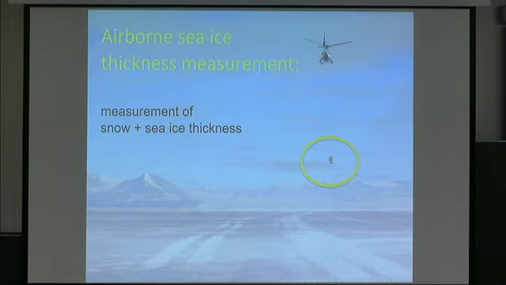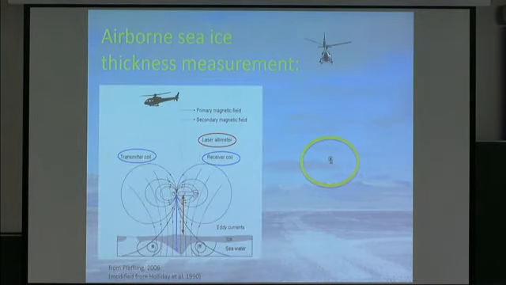You get a helicopter, and then you get an EM bird here, an electromagnetic induction sounding bird. This bird's called Rosie. And the principle is that there's a transmitting and receiving coil in the bird. It flies at a height of 16 to 20 meters above the sea ice.